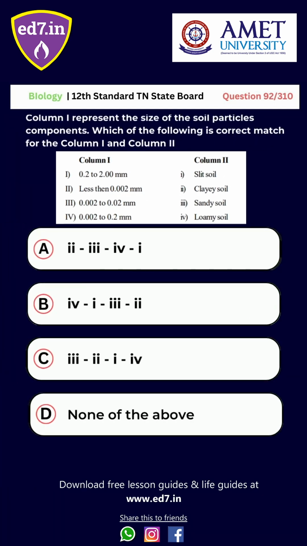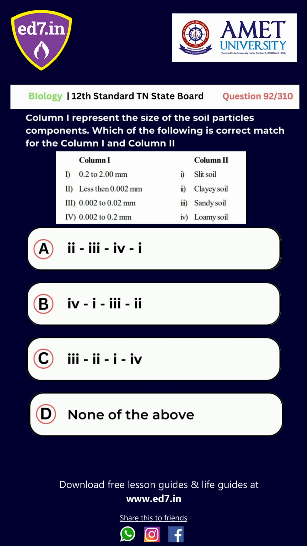Question number 92. Column 1 represents the size of the soil particle components. Which of the following is the correct match for column 1 and column 2? Column 1: 1, 0.2 to 2 mm. 2, less than 0.002 mm. 3, 0.002 to 0.02 mm. 4, 0.002 to 0.2 mm.